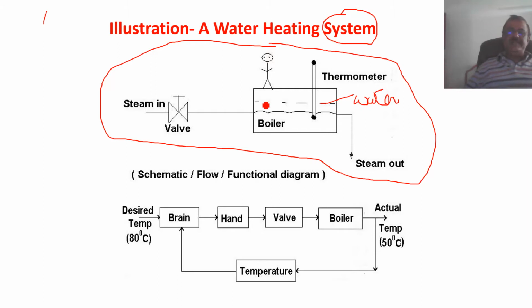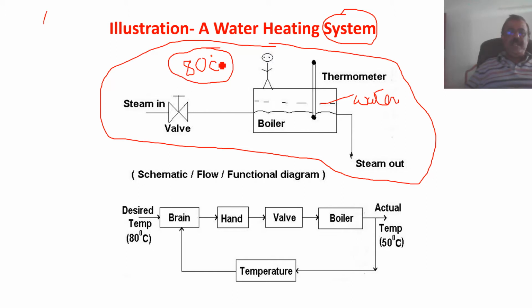The first question is, we have to heat this water to what temperature? Let us say we want to heat this water to a temperature of 80 degrees Celsius. Why 80 degrees Celsius? This is a desired value. This is the temperature at which I want water for a process.